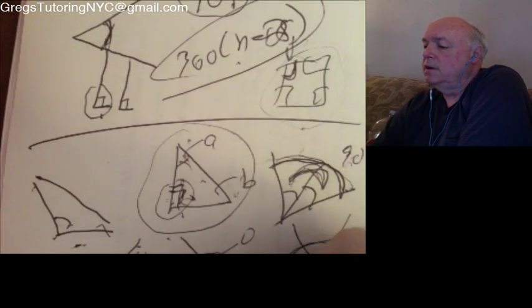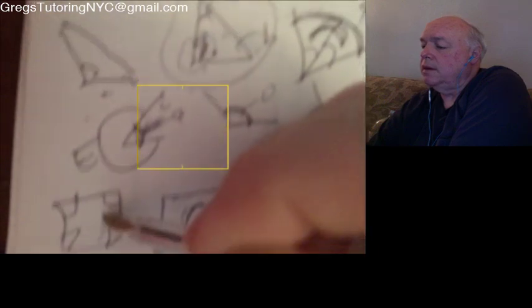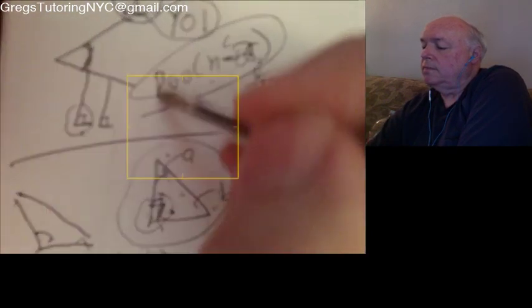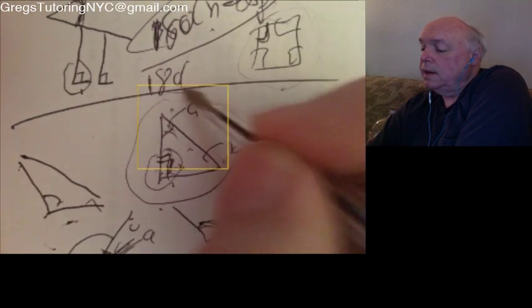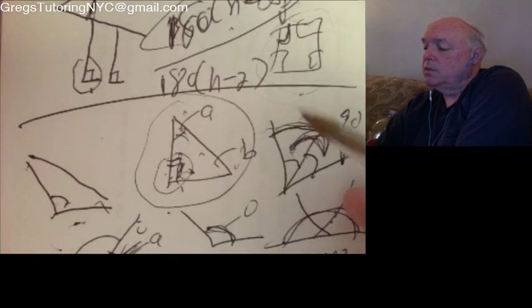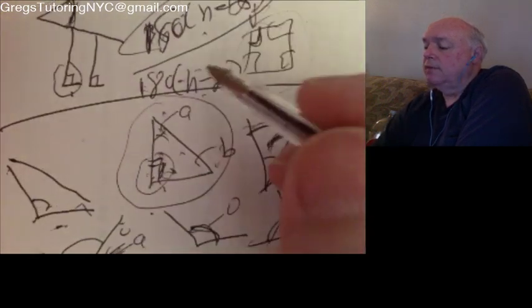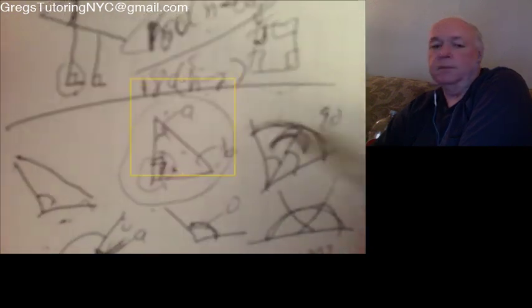So in the case of the four-sided figure here, we have 4 minus 2, we get 2, and we get 180 times 2. If you have a five-sided figure, you get different numbers, okay?